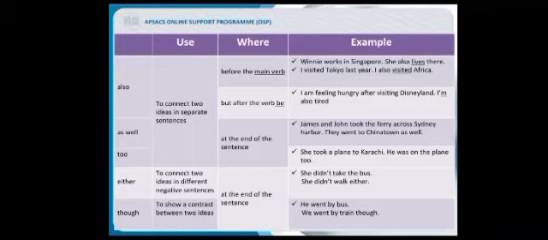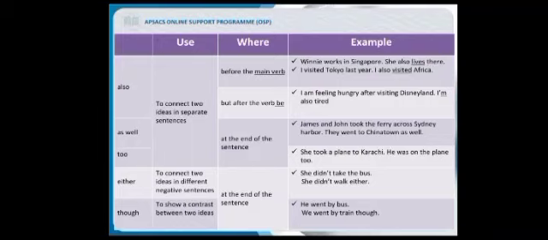And here the two sentences are connected. I visited Tokyo last year. I also visited Africa. So visited is our main verb and we have used also because it relates to our previous sentence and we are connecting the two.